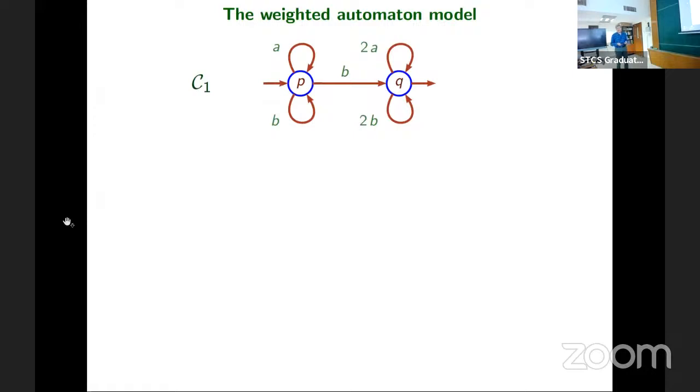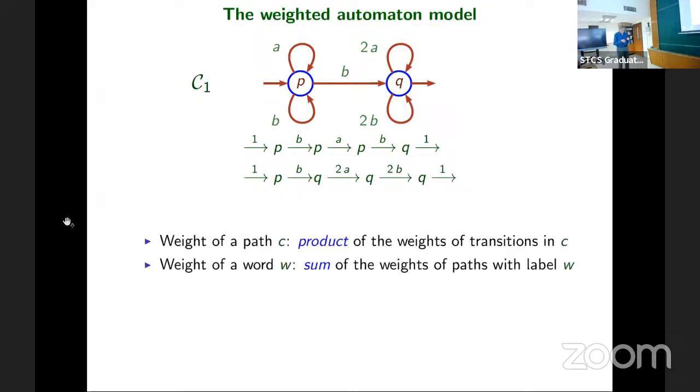But if I have this at hand, I can make the game more fun. I can put coefficients on the transitions. I still have two computations, but I have to define the weight of the computation of a path.